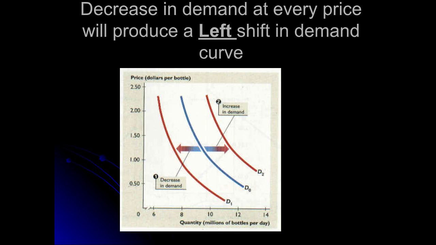If one of these determinants of demand ends up lowering demand, on your graph, it will end up being moved to the left. Things that decrease demand move it to the left. On the other hand, things that increase demand, maybe an increase in the population, are going to shift your demand curve to the right.